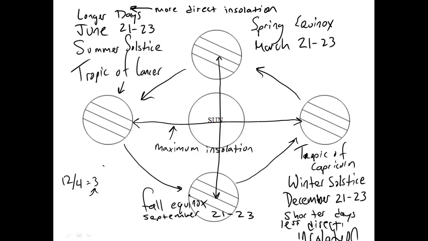Now, one thing to keep in mind is that as we go from summer, approaching fall, and then fall into winter, we have a gradual cooling of the days. And then as we approach from winter into summer, we have a gradual warming.